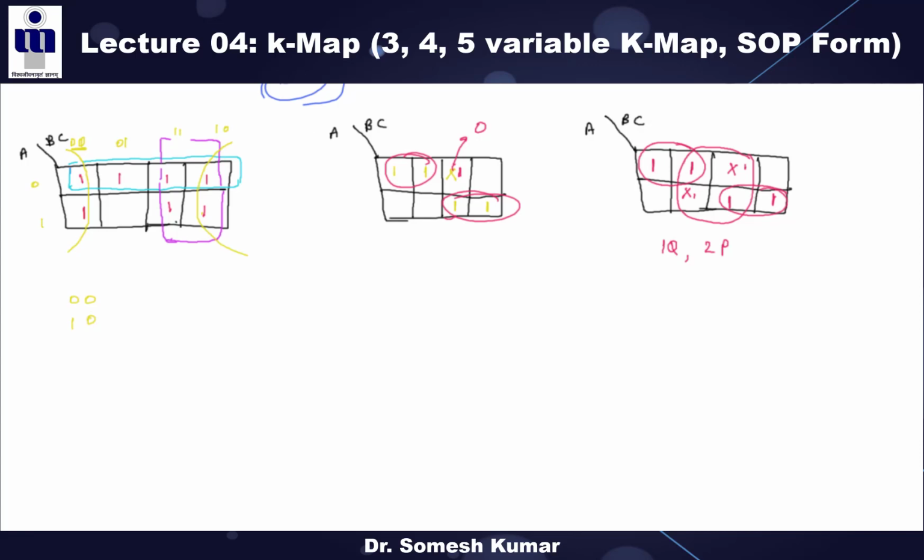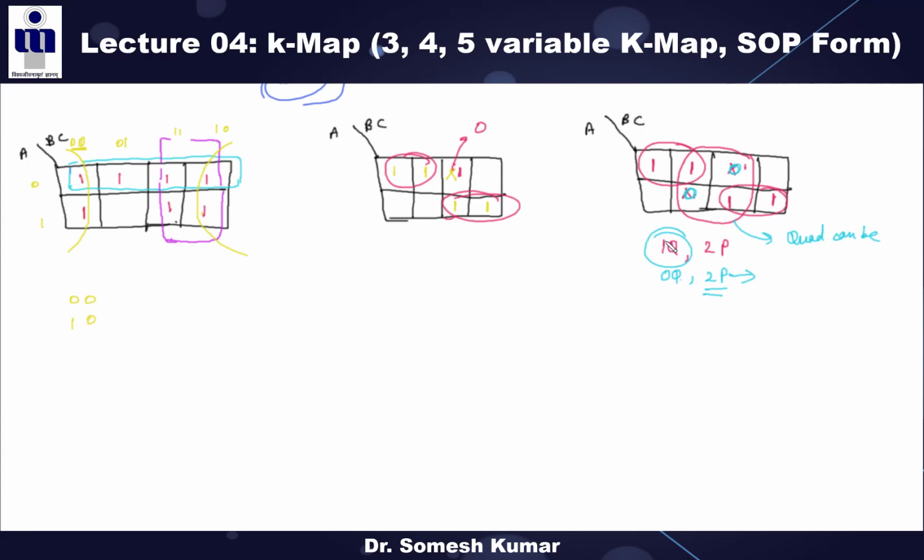In the second case, if I say this is 0, then only the 2 pairs, 0 quad. So in this case we can ignore this quad, because the minimization is only the 2 pairs. Why unnecessarily add one more term from this quad?